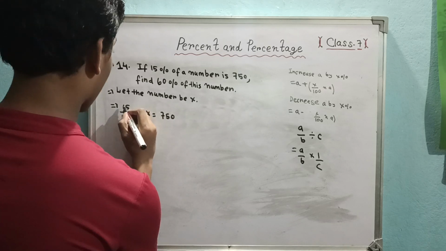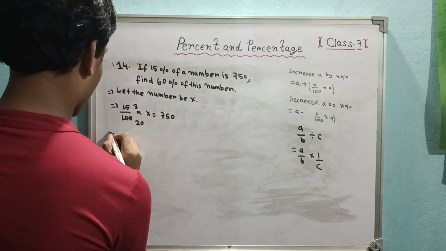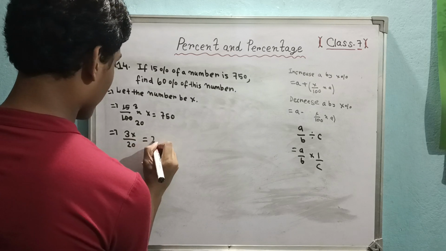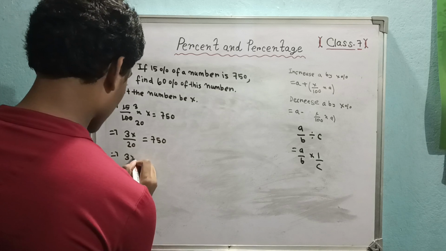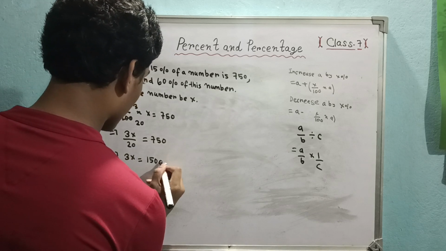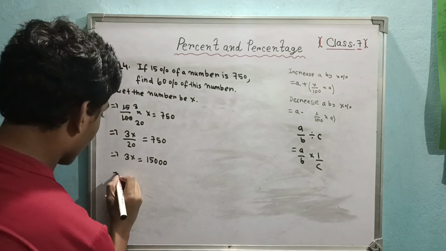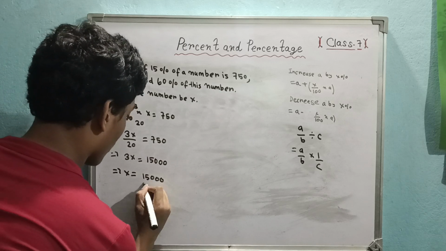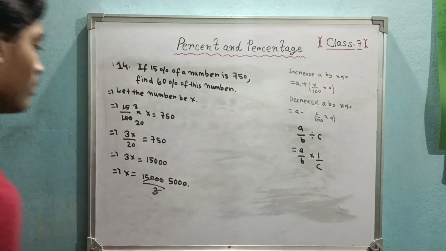Let's just simplify. 3x by 20 equal to 750. Cross multiplying, I will get 3x will be equal to 15,000. Now dividing this, I can get x will be equal to simply 15,000 by 3, turns out to be 5,000.